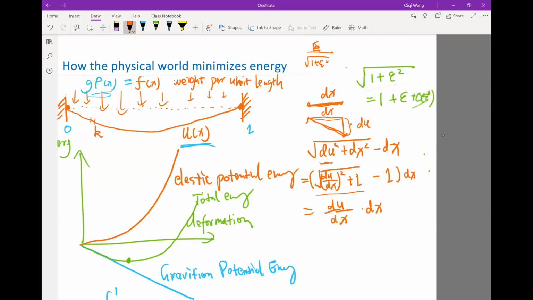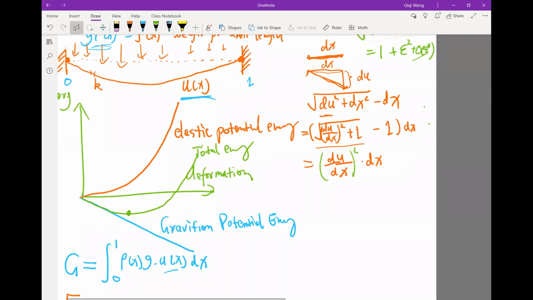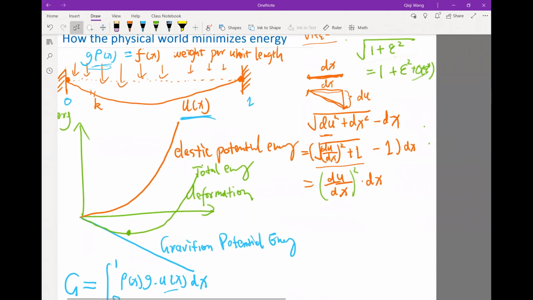So this is the first order derivative. When epsilon is 0, it's equal to 0, and you have to take the second order derivative to get a 1. So essentially, what you get is (du/dx) squared times dx. That's how much the string has lengthened.